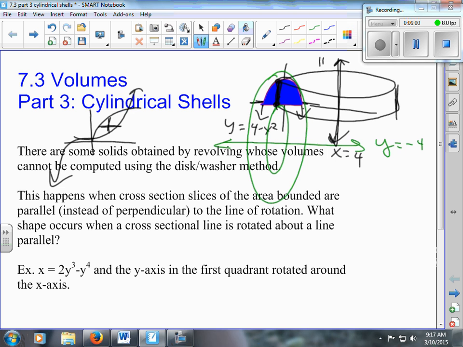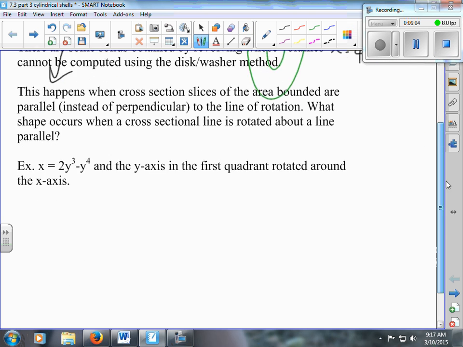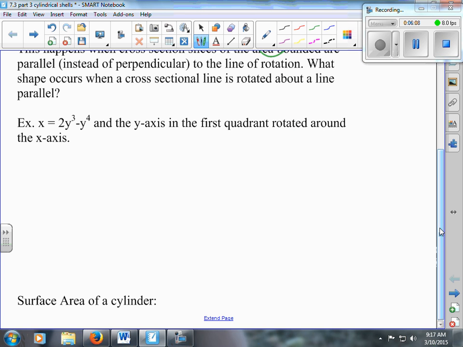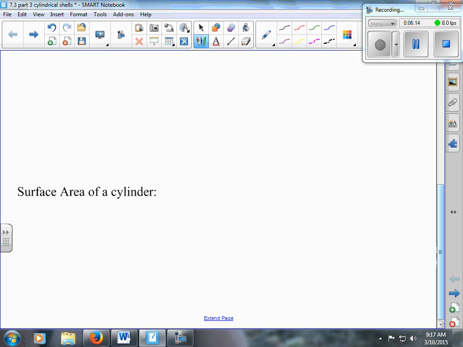Okay. All right, so let's do this example. Well, before we do that, did I review? Yeah, here we go. Let's talk about what happens when we do this. So we have an area that's rotated.